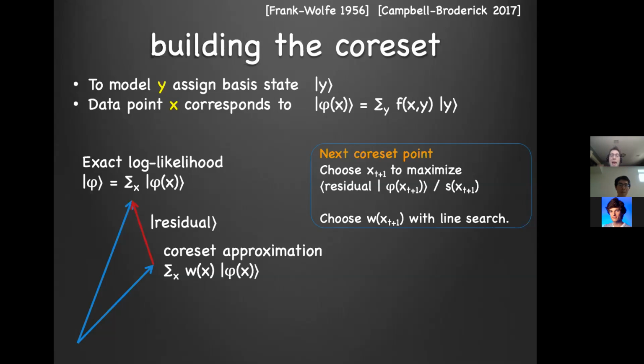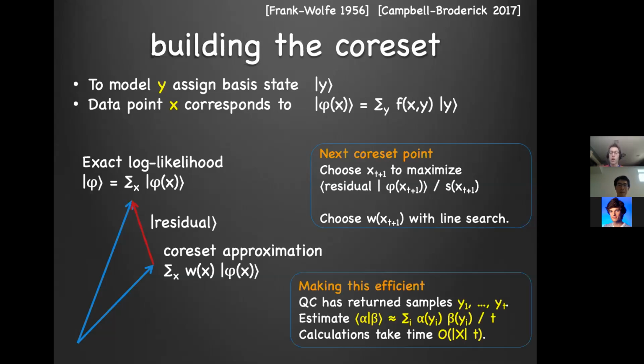So that is a nice geometric picture, but if you look at that inner product, you're summing over all of the models, and you're searching over all the data points to do it. And so again, that's too expensive. So here what we do is a data reduction in the other direction.